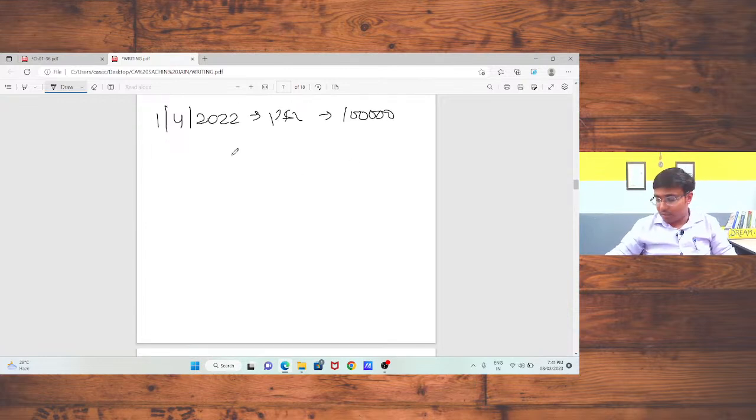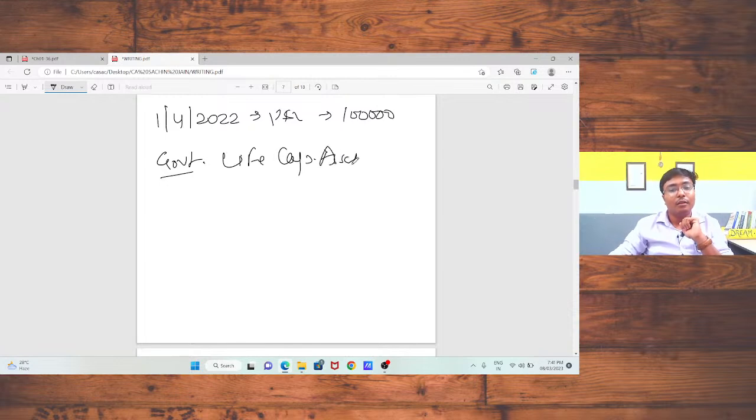Before that, take this thing: under GST law, the government treats the life of capital assets as 60 months.